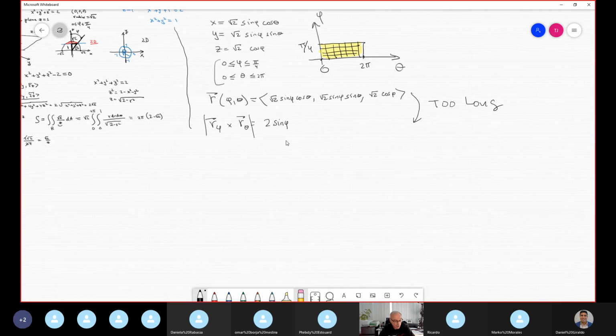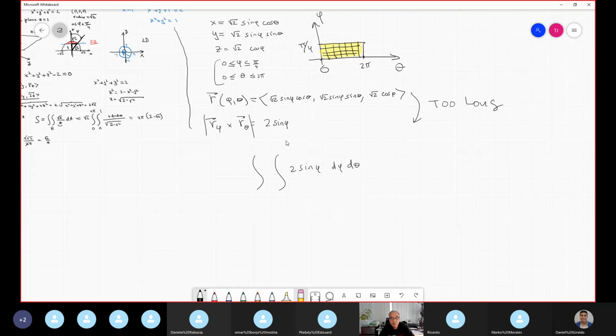Okay. Entonces now my double integral: the integrand function is 2 sine phi, d phi d theta, no?